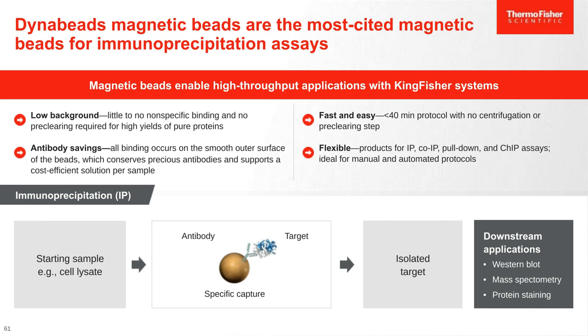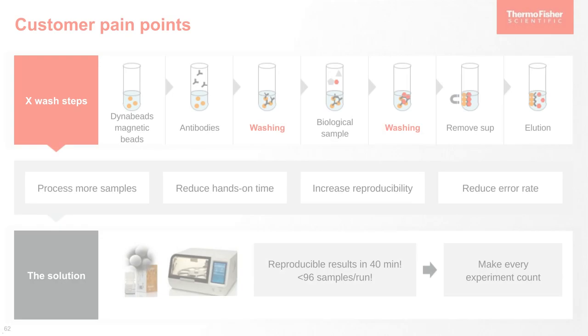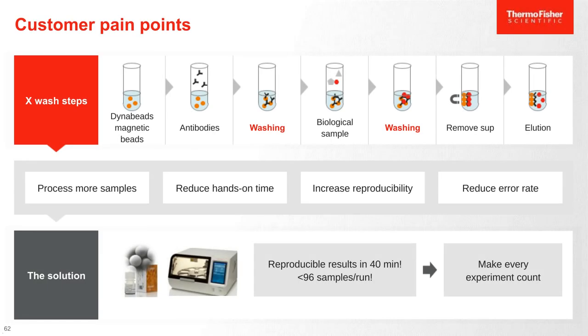The workflow itself includes many different steps. Here we have illustrated a direct approach, where you first functionalize your beads, in this case the magnetic Dynabeads, with antibodies. This is due to the built-in advantages of the Dynabeads: the binding of these antibodies to the beads is super fast and can be done in about 10 minutes. You then follow this with a washing step, where you remove unbound antibodies from the bead surface.